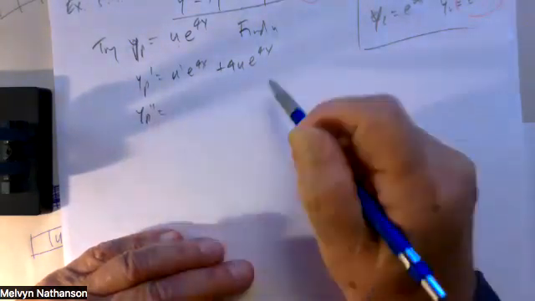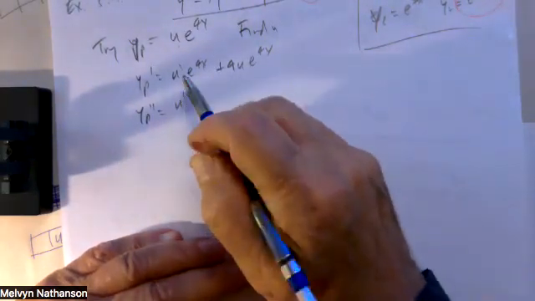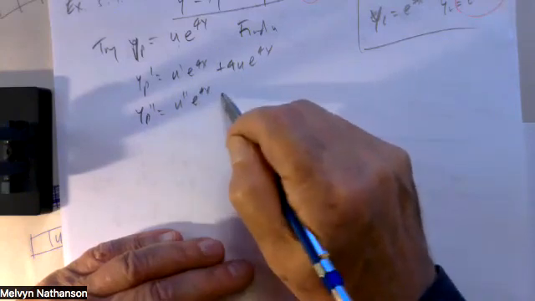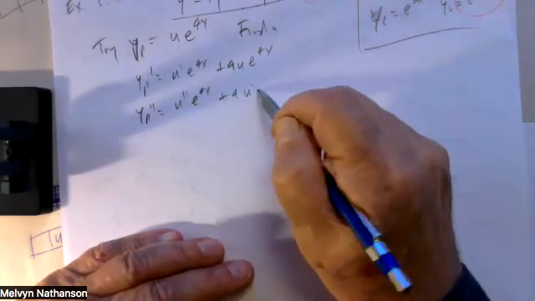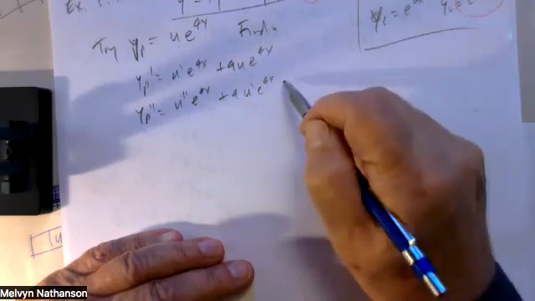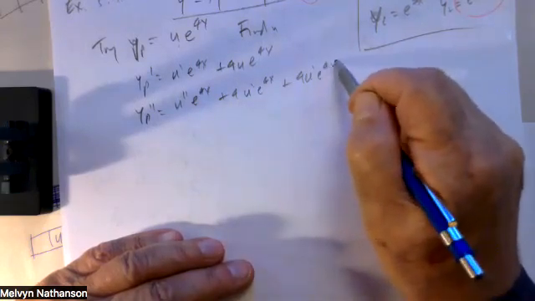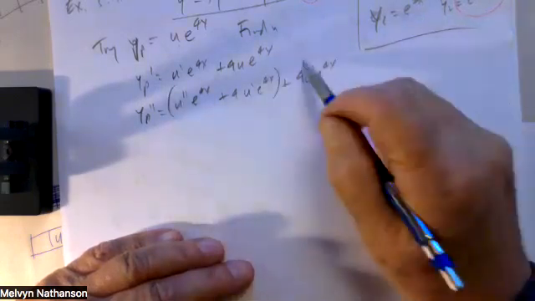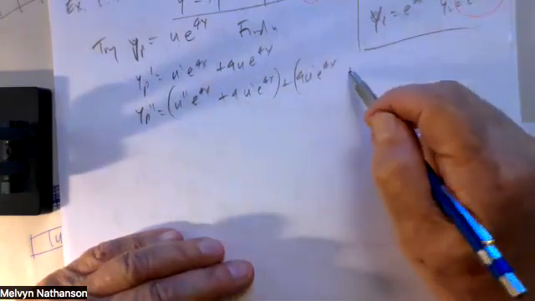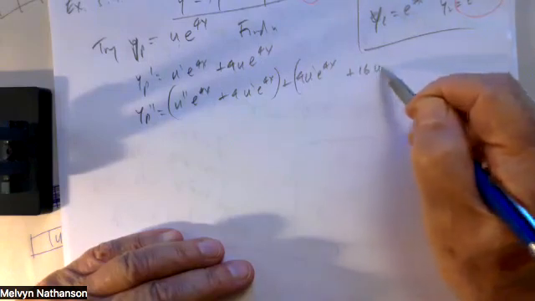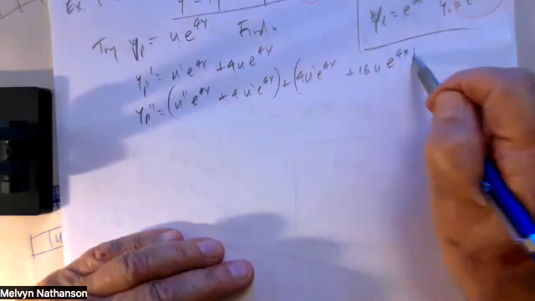The second derivative is u double prime e to the 4x plus 4u prime e to the 4x plus 4u prime e to the 4x, that's the derivative of this, plus 16u e to the 4x.